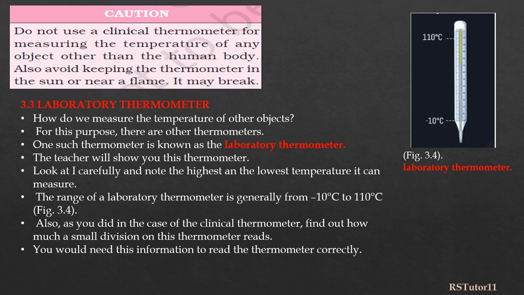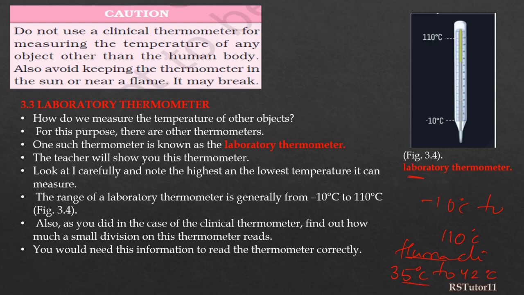Basically this is your laboratory thermometer. See, the range of laboratory thermometer is generally from -10 to 110. And a clinical thermometer is 35 to 42.